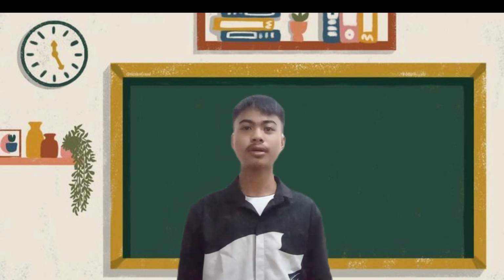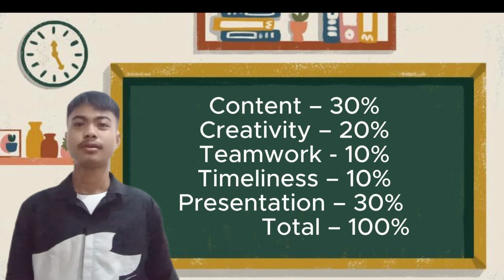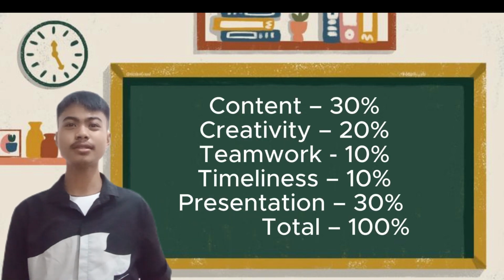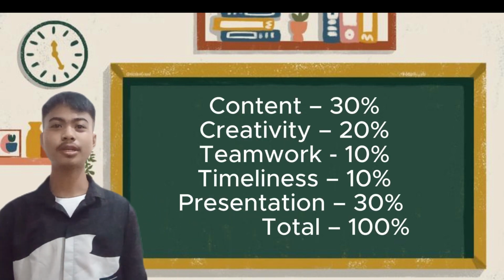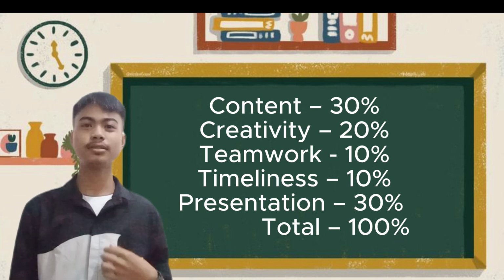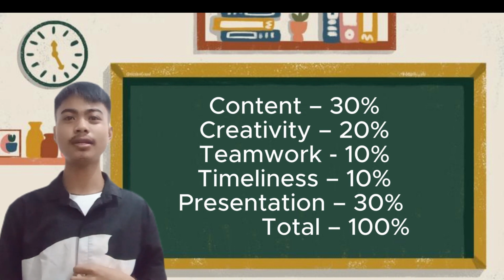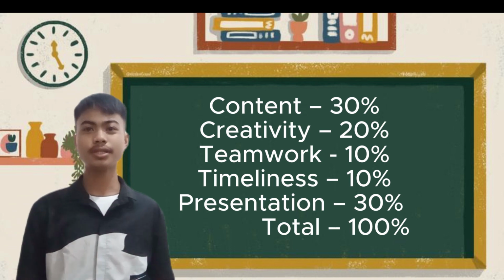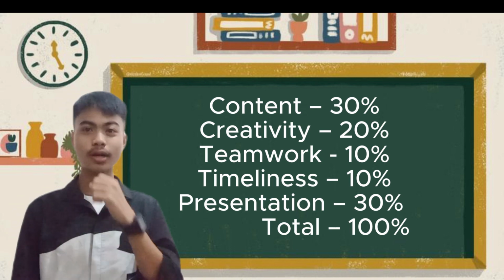After that, pick one representative to present your work in front of the class. Each group will be graded according to the following criteria: content 30%, creativity 20%, teamwork 10%, timeliness 10%, and last is the presentation, which is 30%, for a total of 100%. Okay, go to your group now.